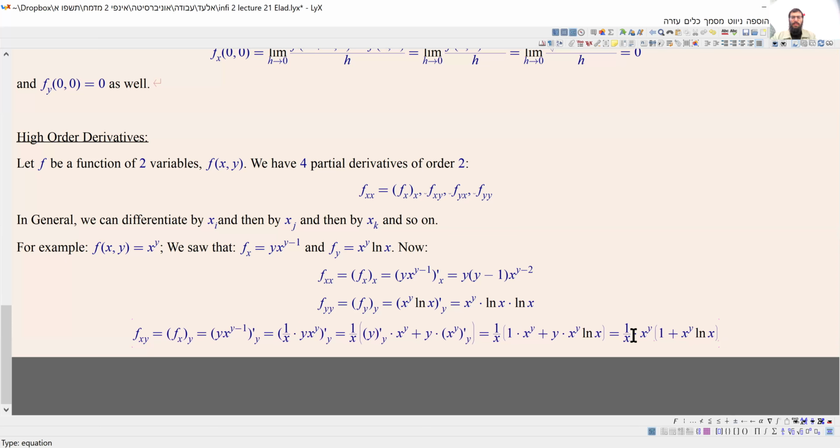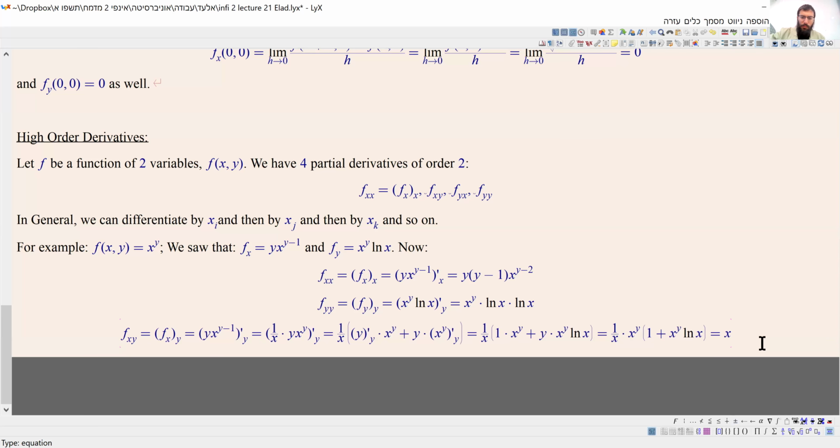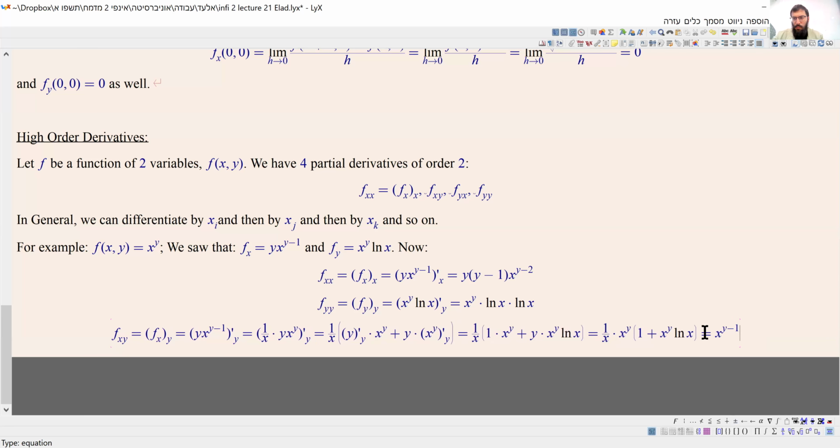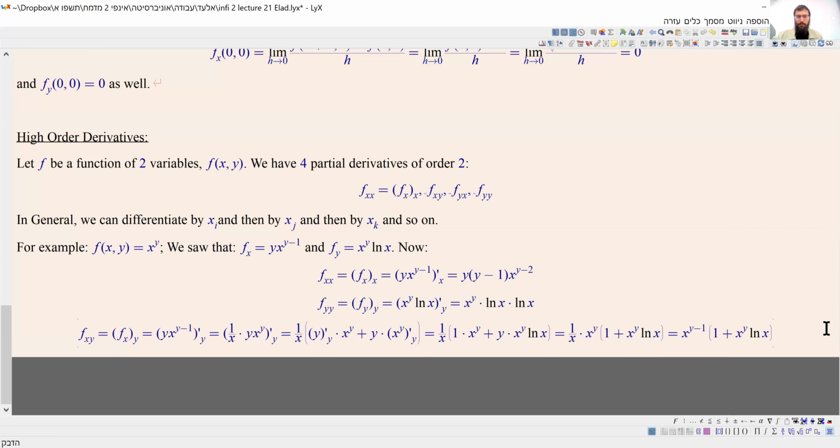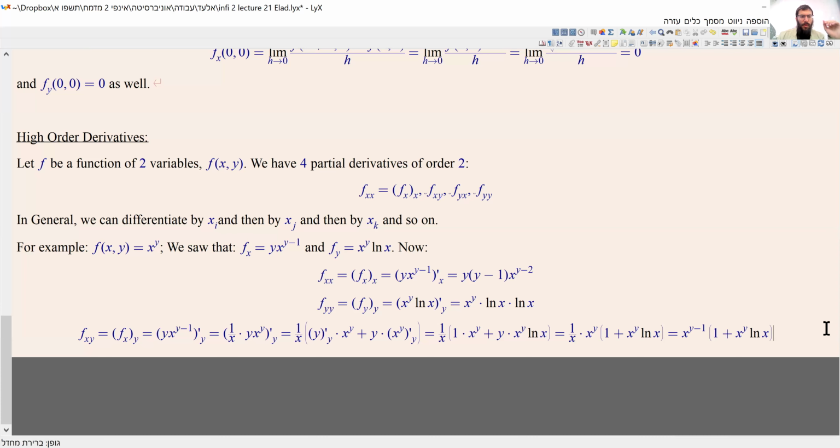And of course, one can write it down as x to the power of y minus 1 by the rules of powers. It's a bit long, this line. It will be fine. It's my problem.